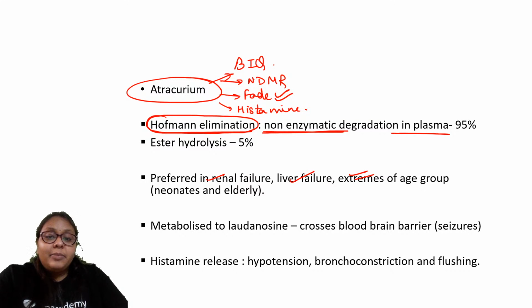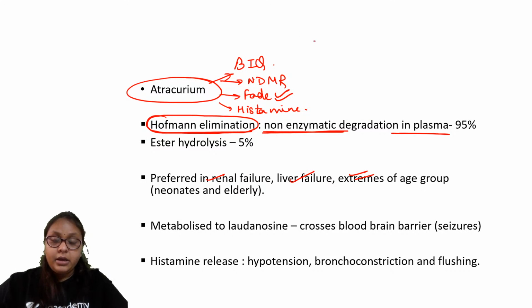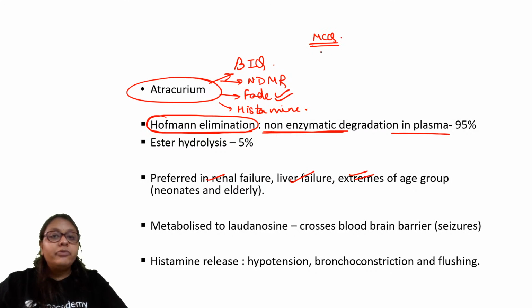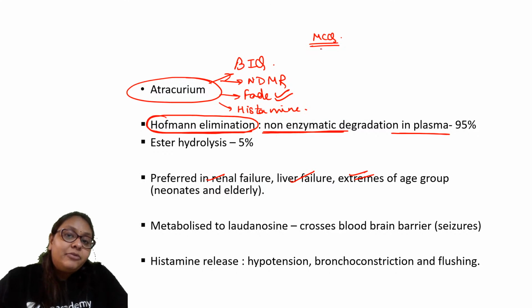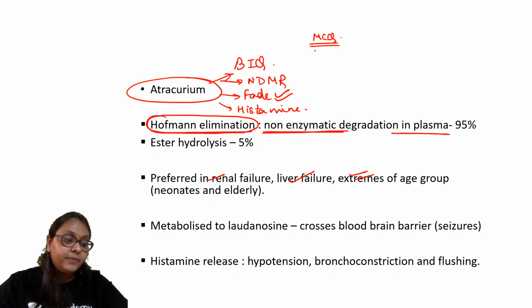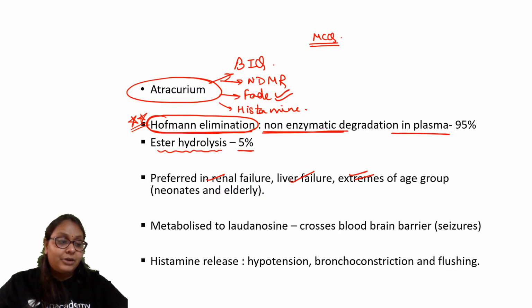That is non-enzymatic degradation in the plasma. In exams, an MCQ can be asked: all of the following are metabolized or eliminated by liver or kidney except atracurium, cisatracurium. They undergo Hofmann elimination, that is non-enzymatic degradation in plasma, but 5% of it undergoes ester hydrolysis.